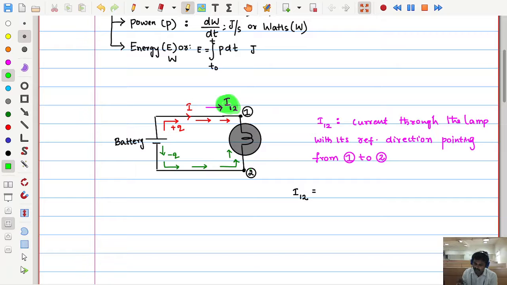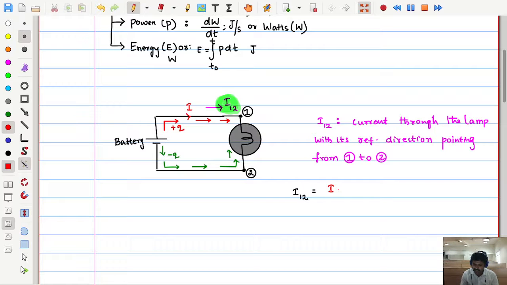How much is that current? If I had some extra sensor for my eyes, if I could visualize how much current is internally passing through this conductor, then I can say that the amount of current passing through this bulb from 1 to 2 is equal to I. Yes or no? Is this clear?